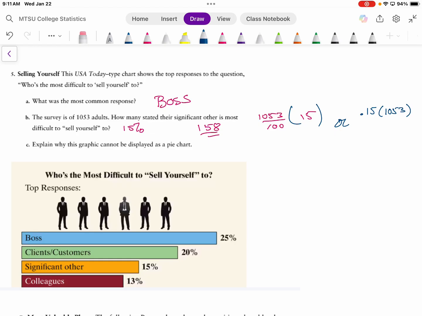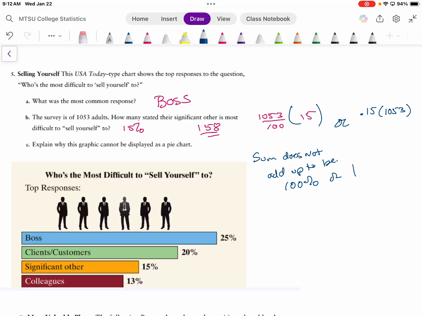Okay. Why is it not appropriate to do this one in a pie chart? Doesn't equal 100%. Okay. All right, so the sum does not add up to be 100%.